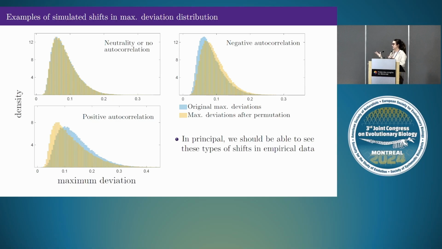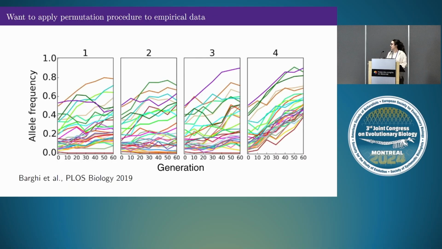So in principle, we think we should also see these changes in empirical data. And so that's our main goal, is to apply this permutation approach and detect temporal structure in empirical genome-wide allele frequencies. But before we can do that, and before we can represent autocorrelation, we need a stochastic model for the selection coefficients of the trajectories, because just using genetic drift wouldn't have any temporal structure.